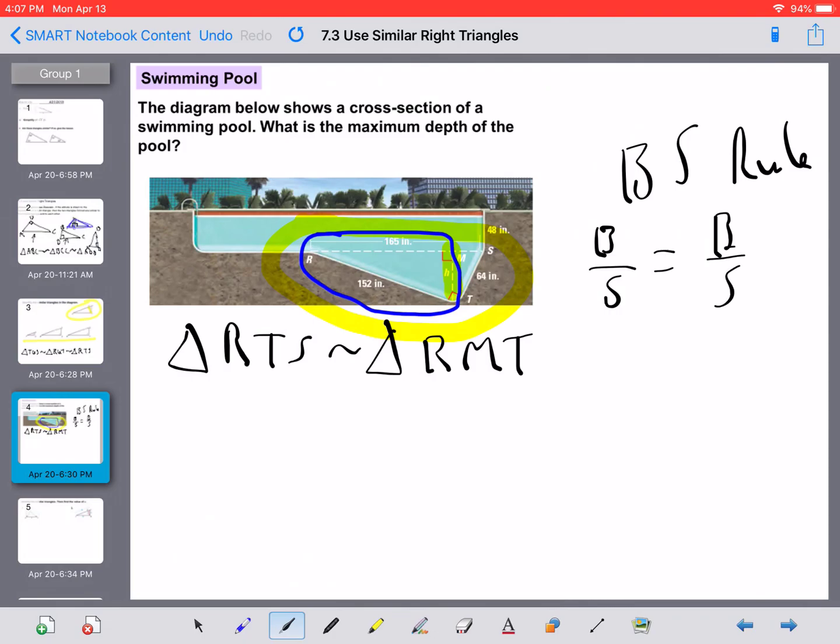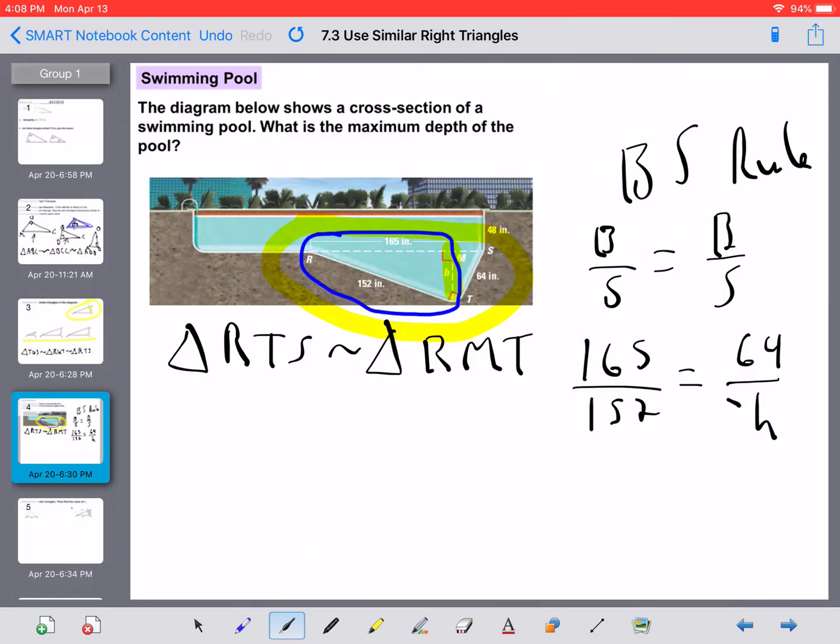The first thing I'm going to do is look at the hypotenuse of the larger triangle, which is 165, and put it over the hypotenuse of the smaller triangle, which is 152. Since I need the shorter side, the height of the smaller triangle, I'm going to put h down here, over the shorter side of the larger triangle, which is 64.